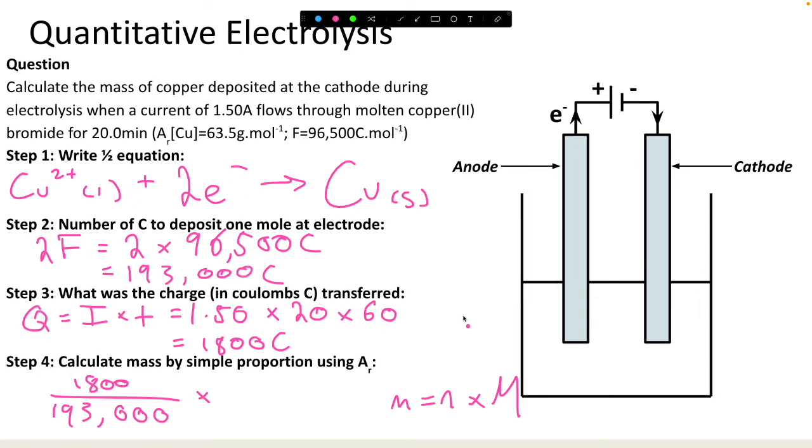Relative atomic mass is 63.5 grams per mole. So let's plug all this in the calculator. 1,800 divided by 193,000 gives us a decimal, multiplied by 63.546, gives us an answer of 0.593 grams.